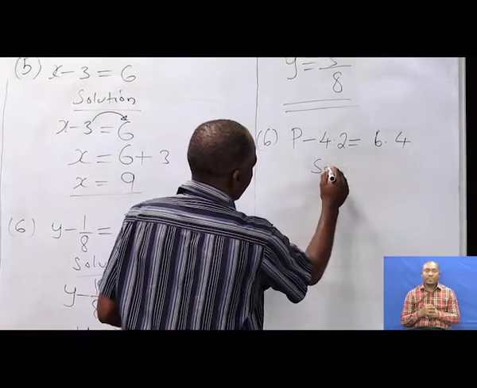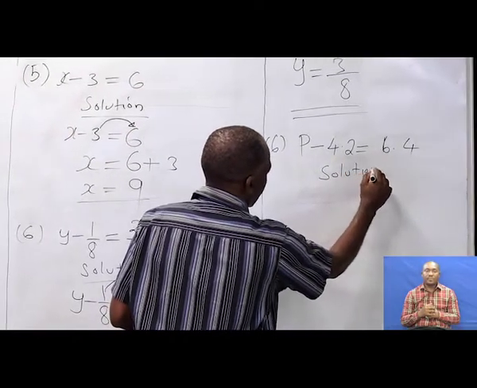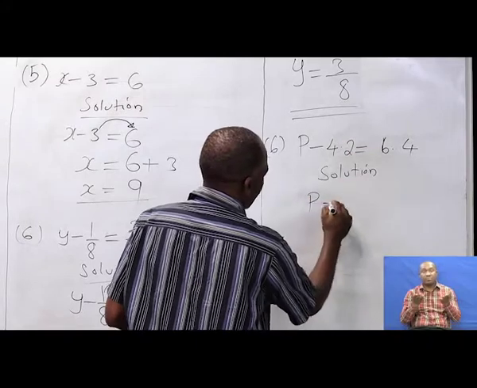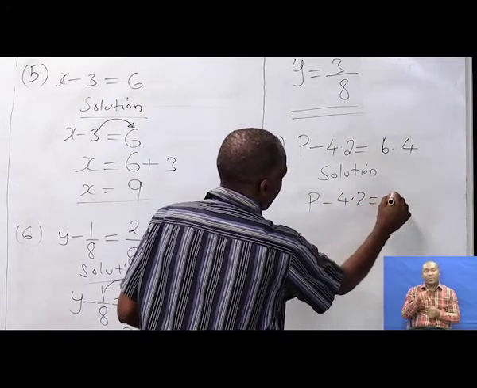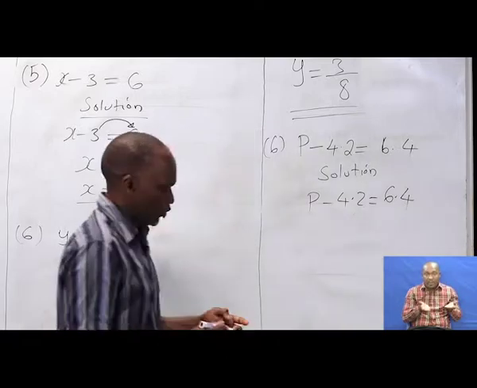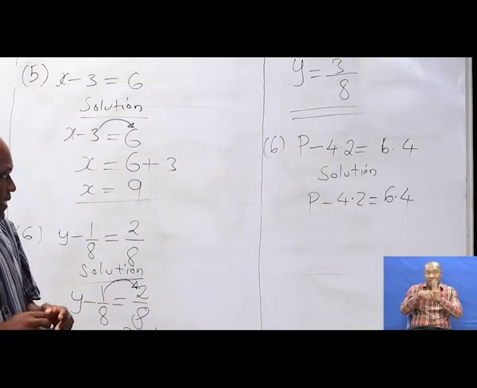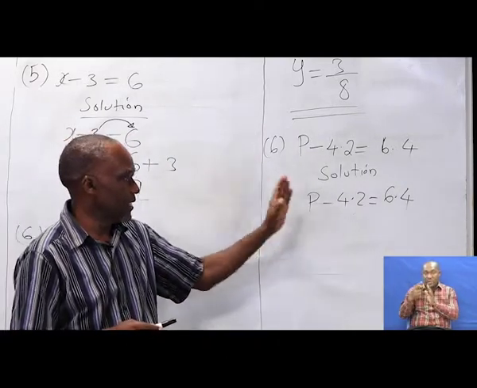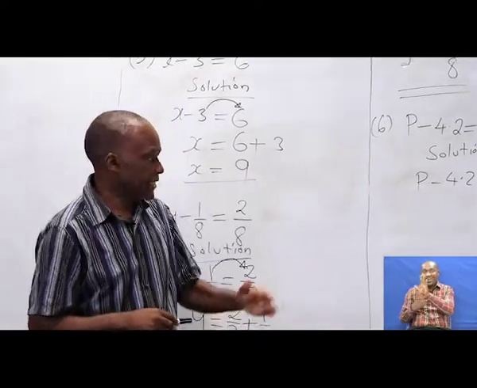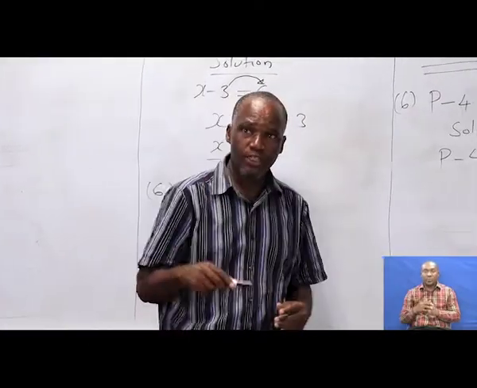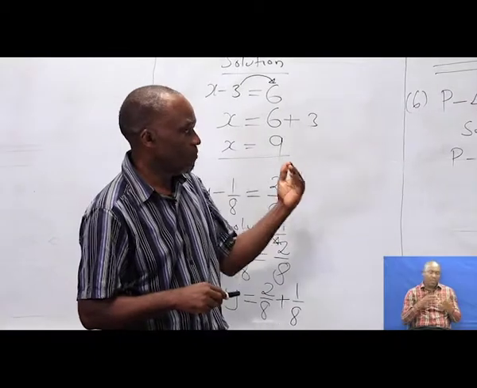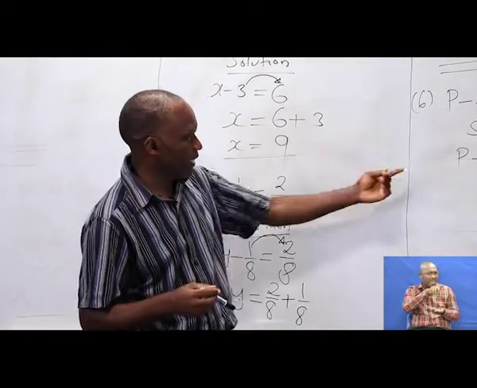Copy it again. I'm copying: p minus 4.2 is equal to 6.4. Check the variable p. Is the variable p isolated? Is the variable p alone? No, it's not alone. So make it alone. How can you make it alone?